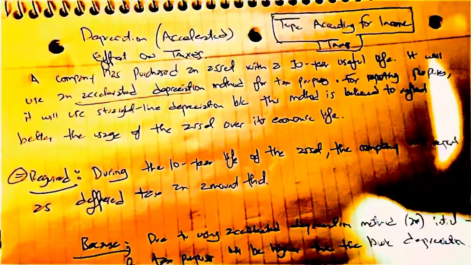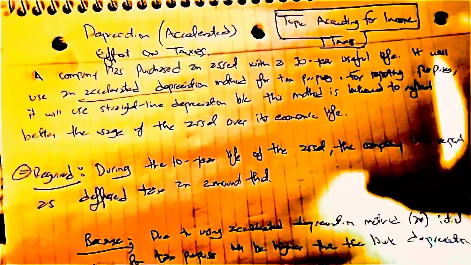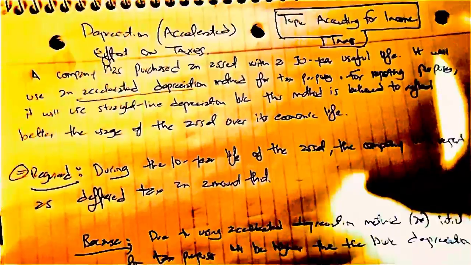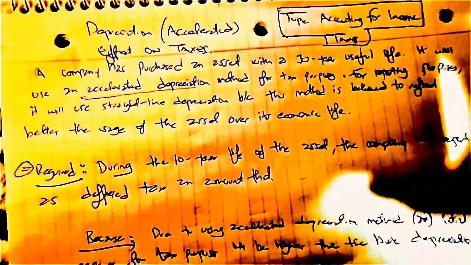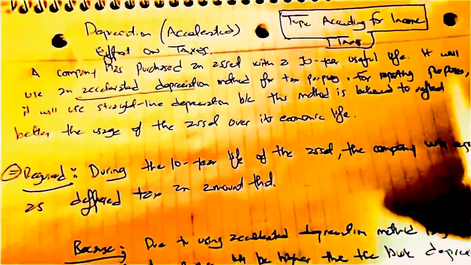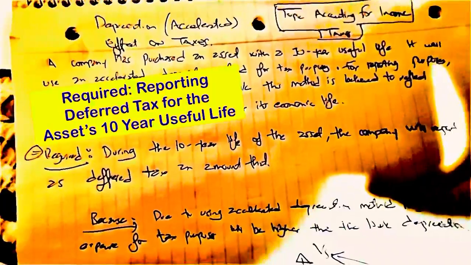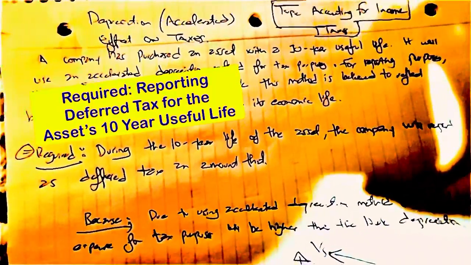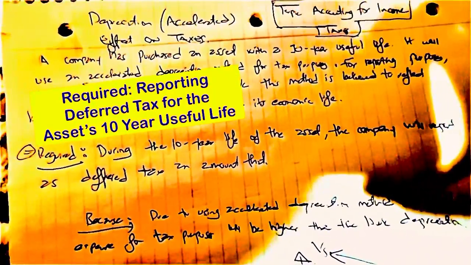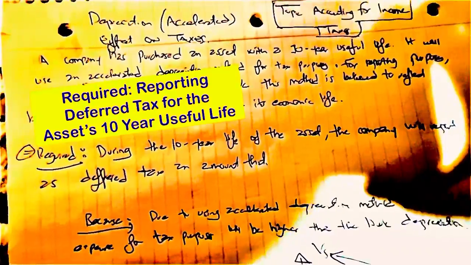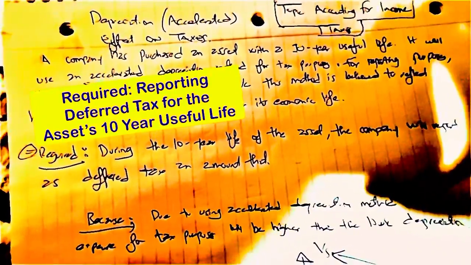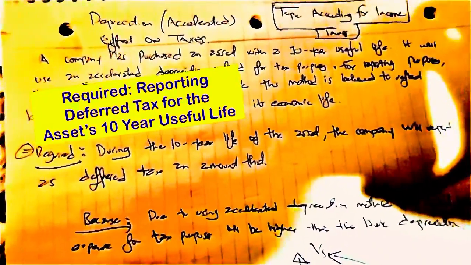The method is believed to better reflect the usage of the asset over its economic life. Okay, so two things are happening. Two policies are in effect. One is the accelerated depreciation method for tax purposes and the straight line depreciation method for internal purposes, I guess.